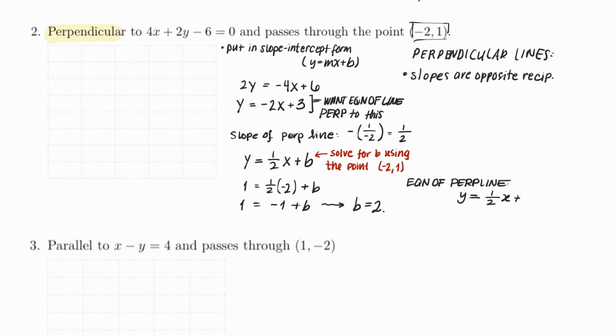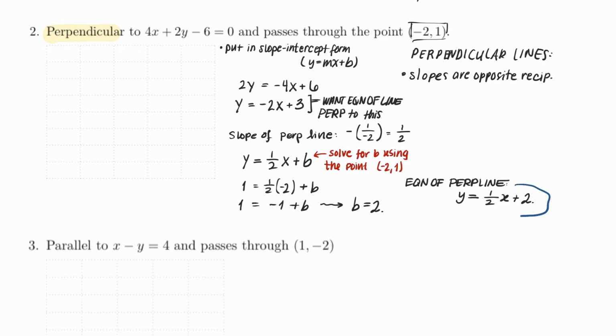1/2 x plus 2. And just like before, I'm going to graph this in blue, and I'll graph the original one, so y equals -2x plus 3 in orange. And just like before, I need to draw my axes here.